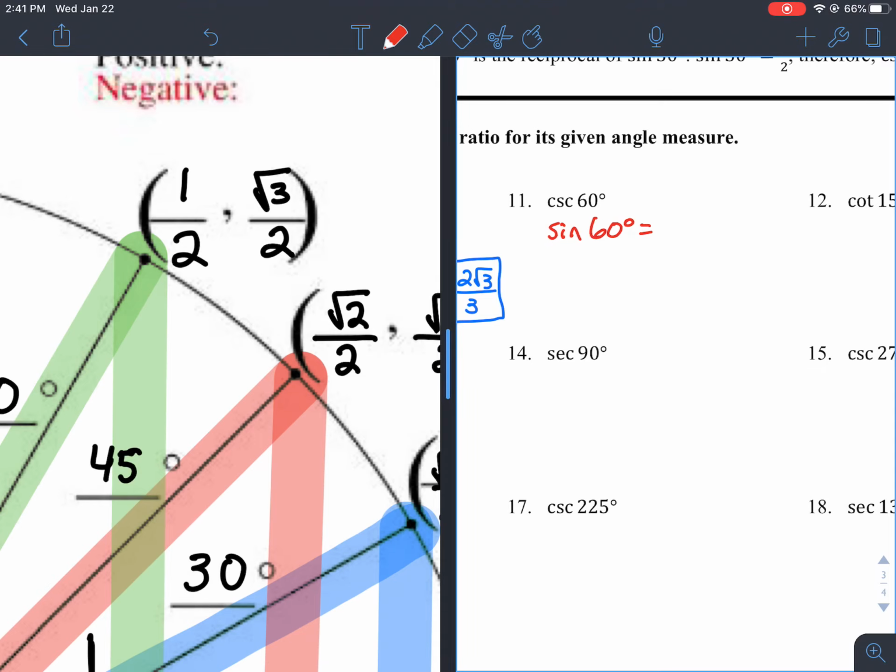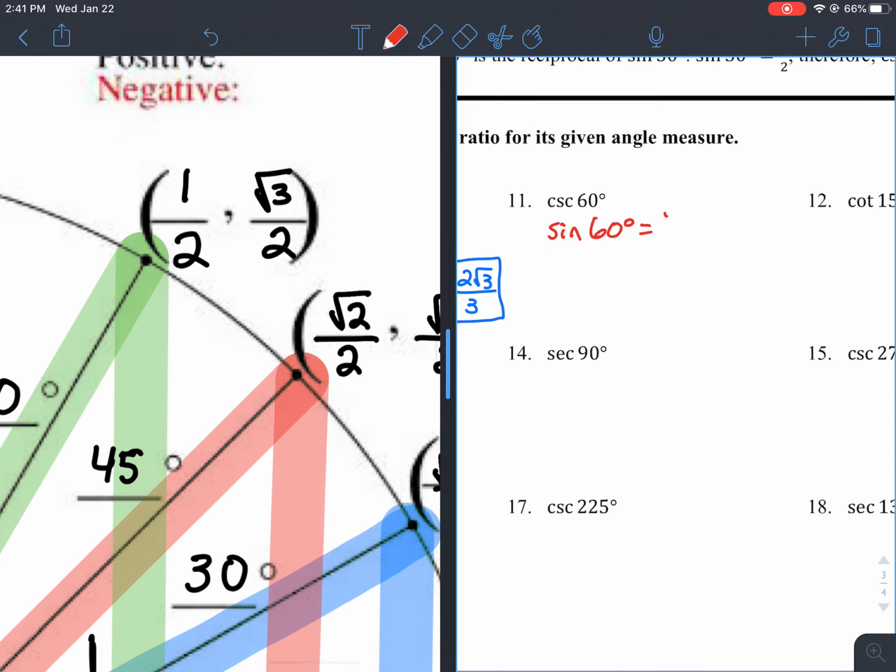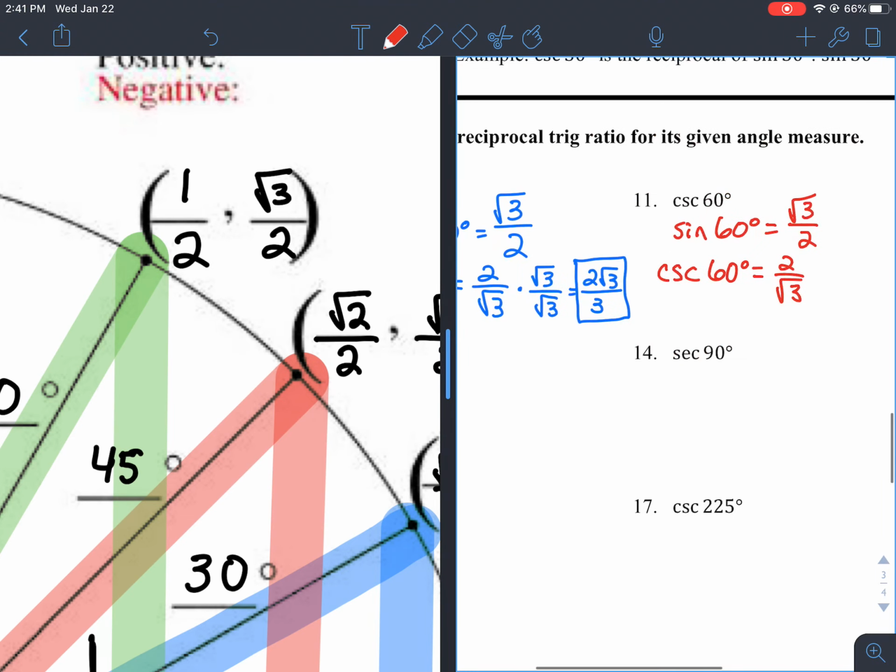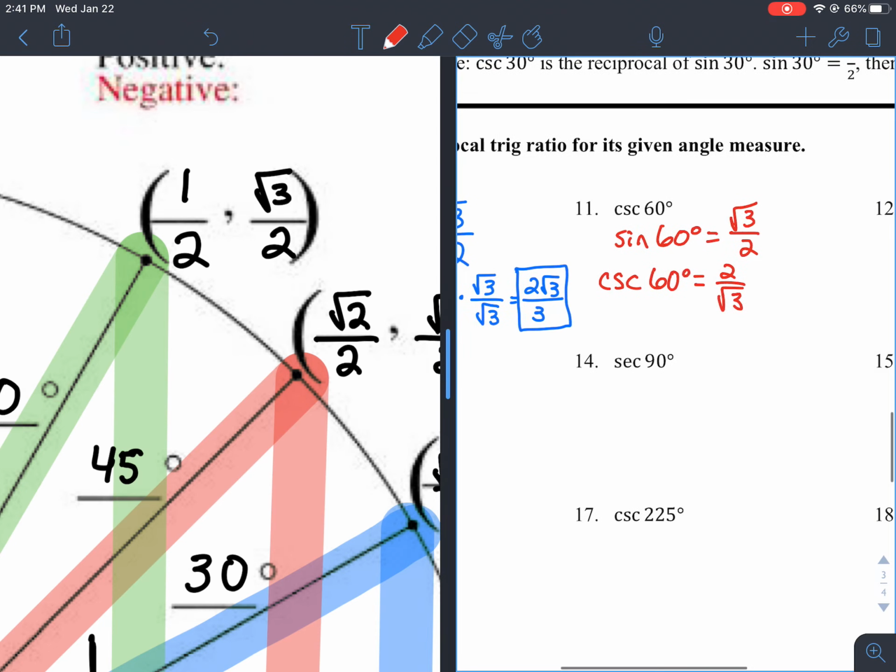So root 3 over 2 is our answer for sine of 60. But we want the cosecant, the reciprocal. So the cosecant at 60 degrees is 2 over root 3. And that's the exact same thing we had before. So we know that in the end, this is going to end up simplifying to 2 root 3 over 3.